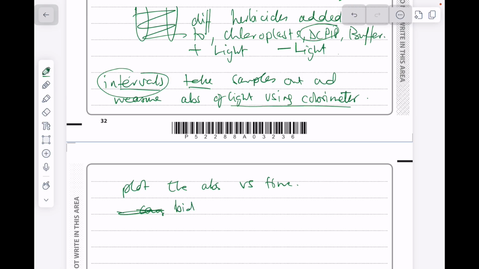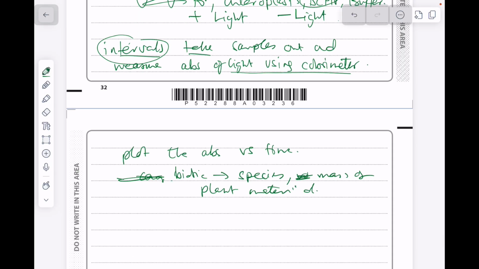So in terms of biotic, what we would do is keep the species of the plant that we're getting these chloroplasts from the same. The volume, or the mass of plant material that we're using, we want to keep that the same. So those are our biotic variables.